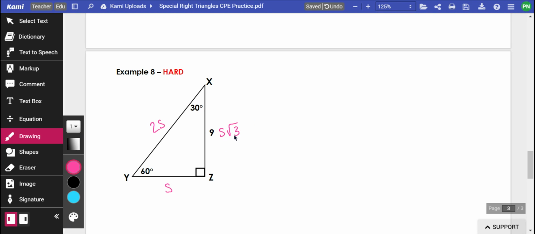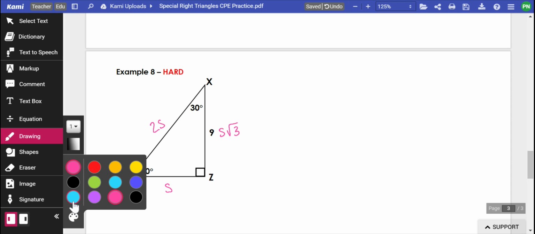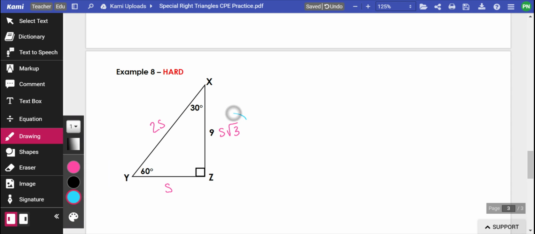Some of you may have seen, fun one, s radical 3 equals 9. Solve for s, which means we've got to divide both sides by radical 3 to get s alone. And oh no, it's our bad one. We're not allowed to have that because we need to rationalize.